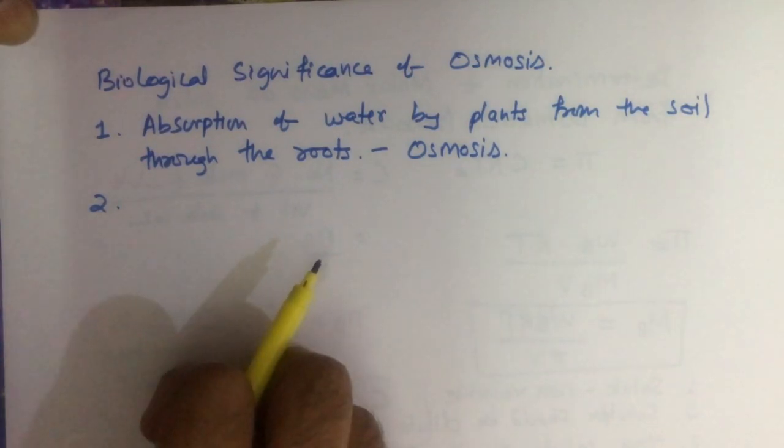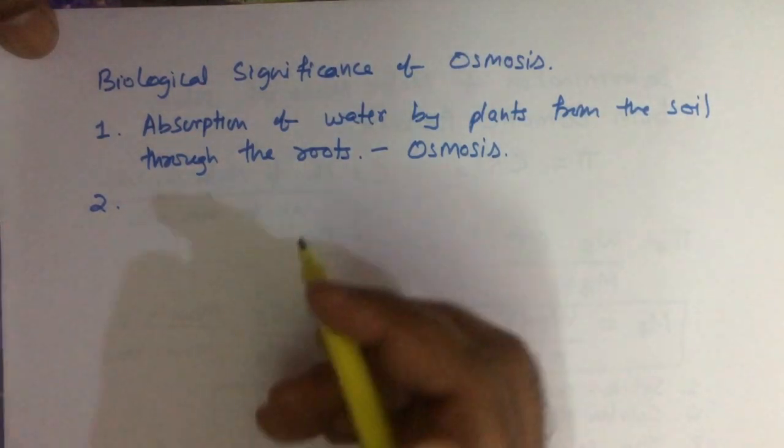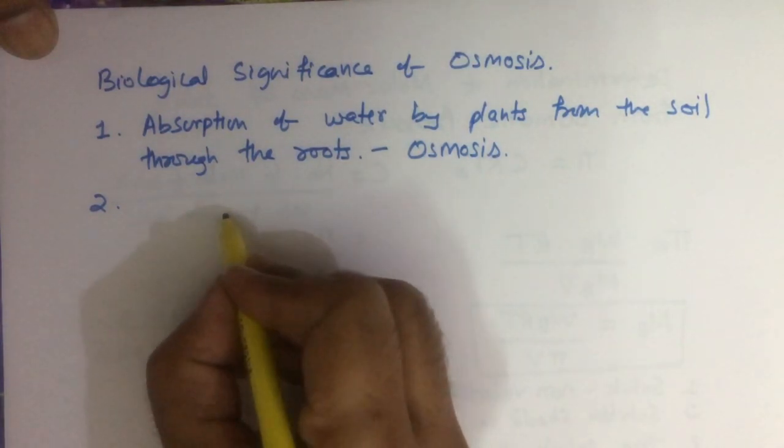Now, second biological importance is that when a cell comes in contact with water or some other dilute solution whose osmotic pressure is less than that of cell sap, there will be a tendency of the water to enter through the cell membrane. This causes the swelling up or rupture of the cell, and it is called as hemolysis. Suppose there is a cell.